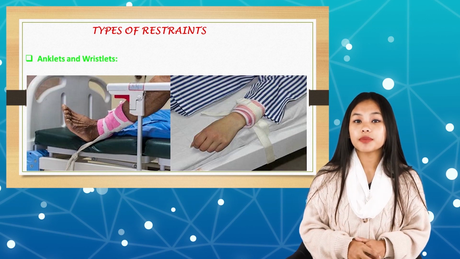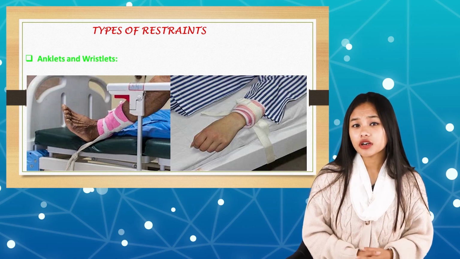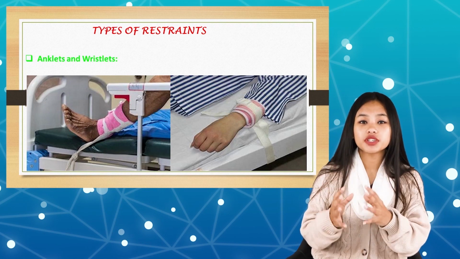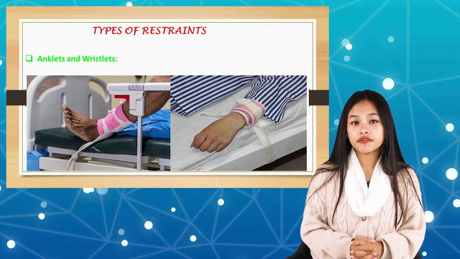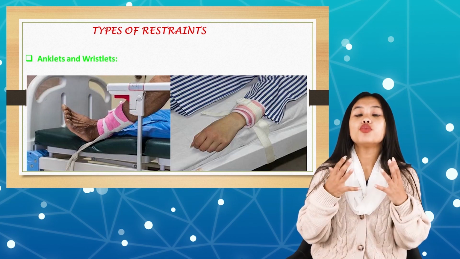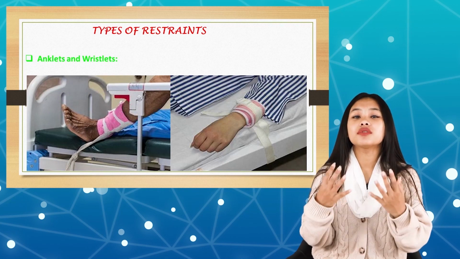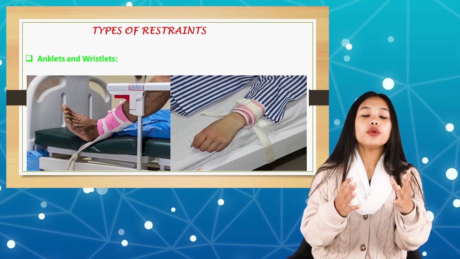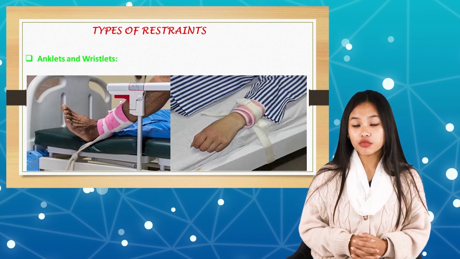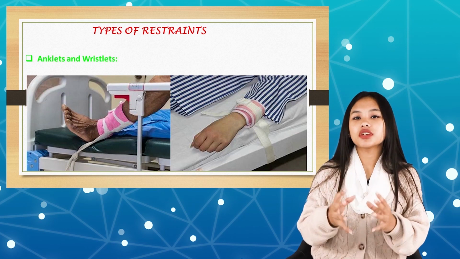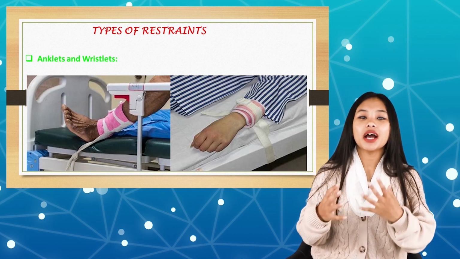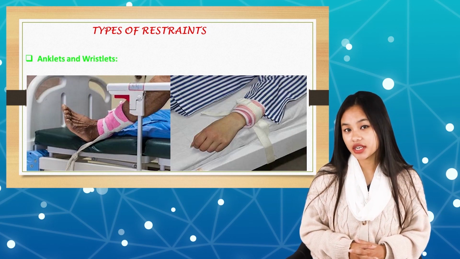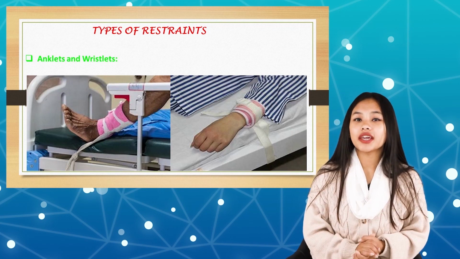So here, for example, violent behavior of a client in the hospital. If there's a client who exhibits this violent behavior, then what we can do is use this anklet and wristlet restraint, where we will be able to restrict their movement. We will be able to restrict them from removing any equipment or any appliances that are connected in order to provide care for them.